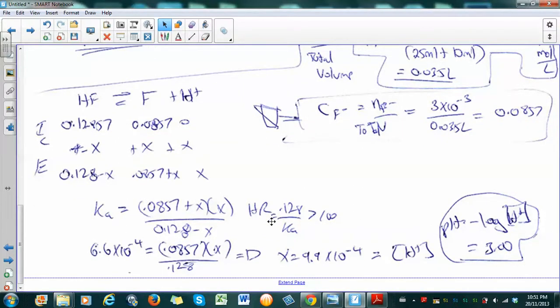With the 100 rule, you'll notice it's greater than 100, so 6.6 times 10 to the negative 4 is equal to 0.0857 over 0.128 times x. If you do that calculation, you should get x equal to 9.9 times 10 to the negative 4, which is the concentration of H plus, and pH is just the negative log, which is 3.00.